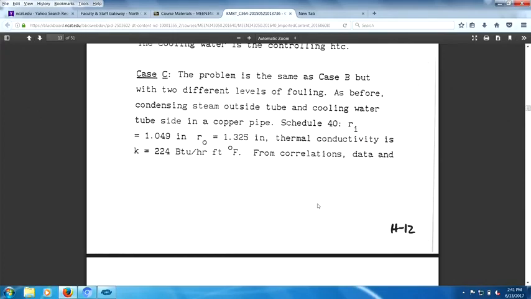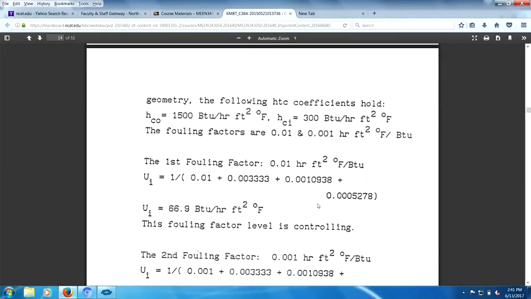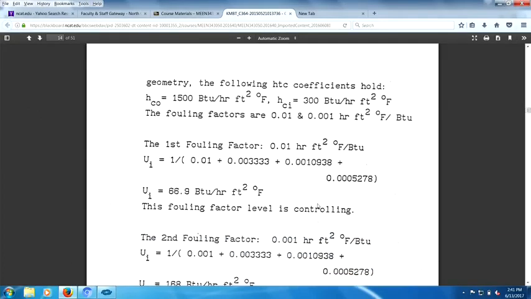Then we throw in fouling levels, okay? We throw in several fouling factors of 0.01, 0.01, and quickly we can see which one's controlling. If we take a look, this was our convection last time, and we also have this here.